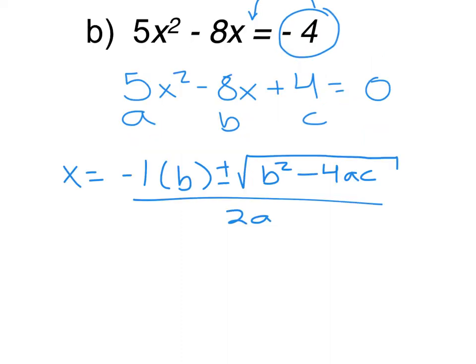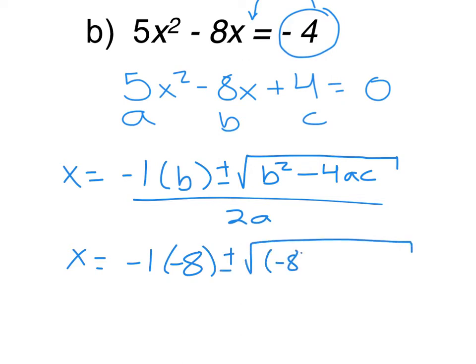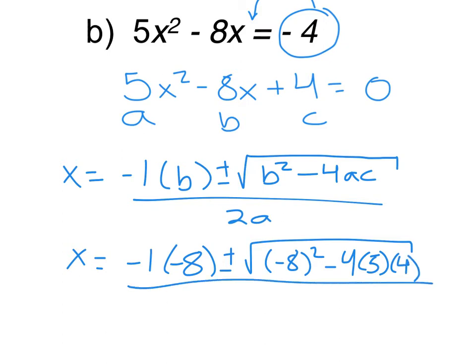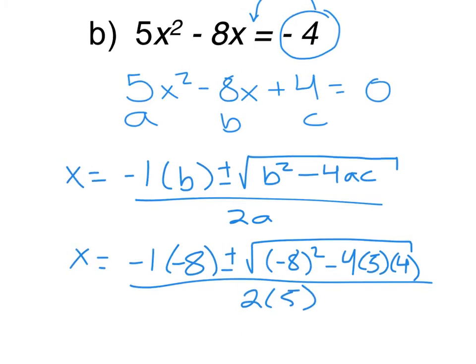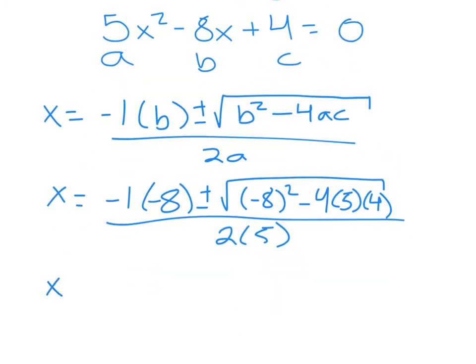So I've written down my quadratic equation, and now I'll begin replacing my variables with b, which is a negative 8, plus or minus that negative 8 squared minus 4 times a, which is 5, times c, which is 4, divided by 2 multiplied by a, which is 5. Now I'll solve for the part under the discriminant.